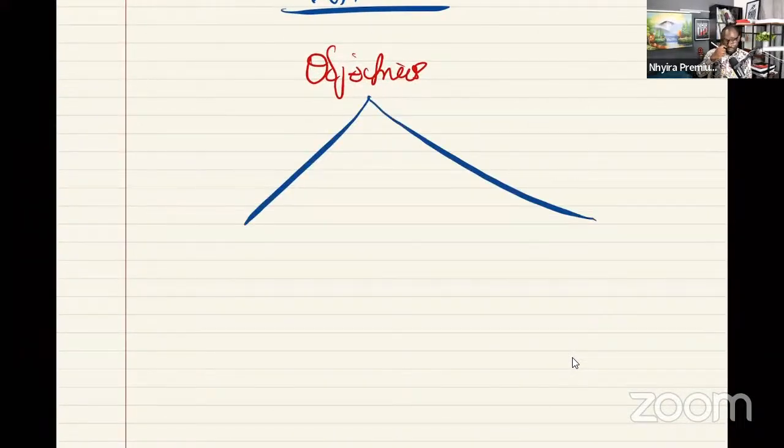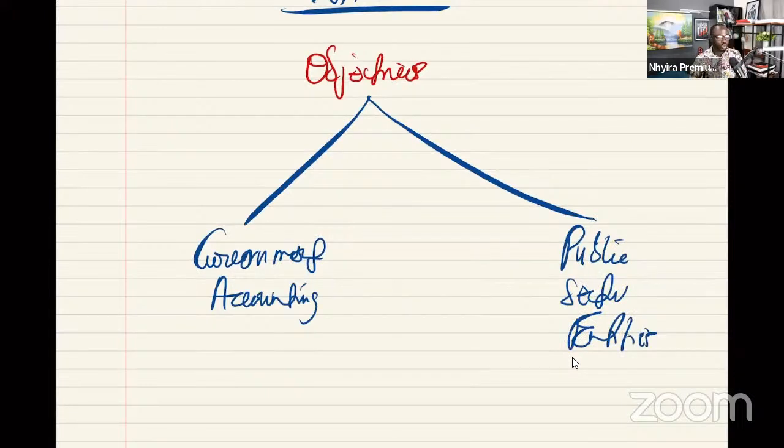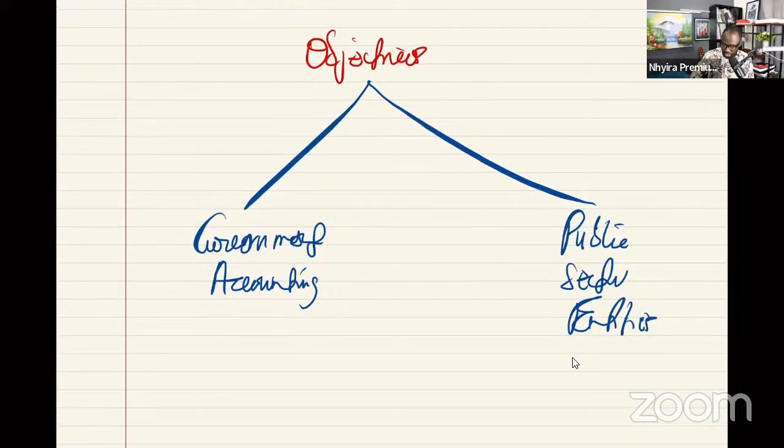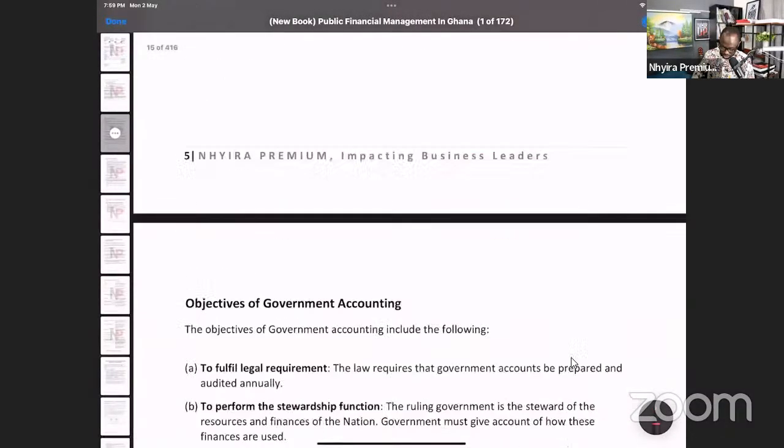We're going to be looking at the objectives of government accounting, and then we'll look at the objectives of public sector entities. So what are the objectives of government accounting? I'll go straight into my slide and share that with you.